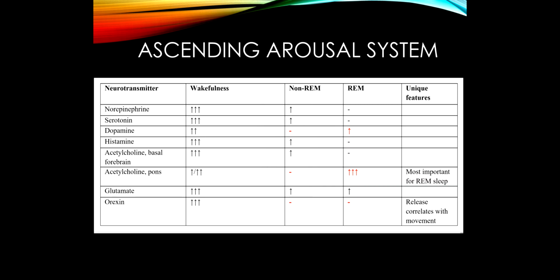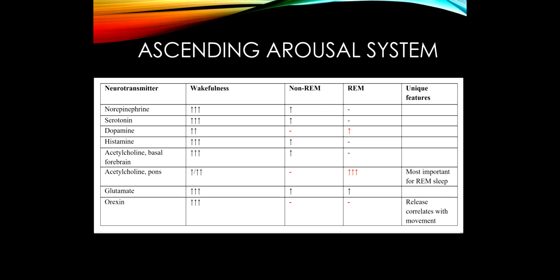We've discussed before the ascending arousal system, a network of neurotransmitters that project largely from the brainstem. For example, the locus coeruleus and raphe nuclei here produce norepinephrine and serotonin, and these are really active during wakefulness. So is dopamine, histamine from the hypothalamus, acetylcholine from the base of the brain, glutamate, and orexin.